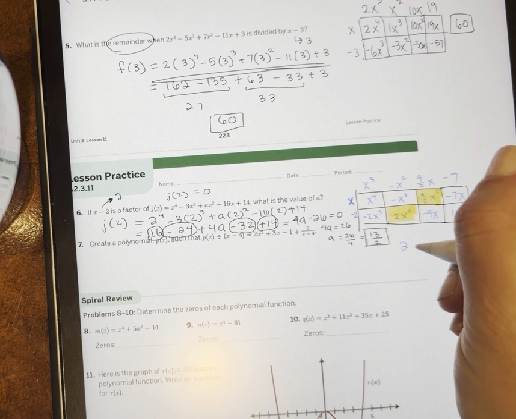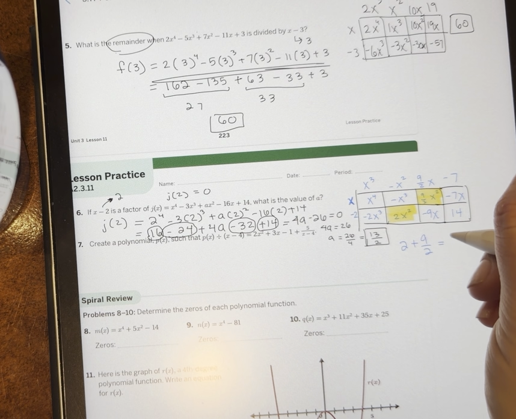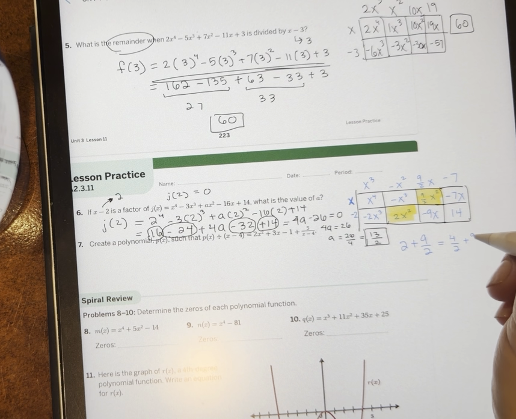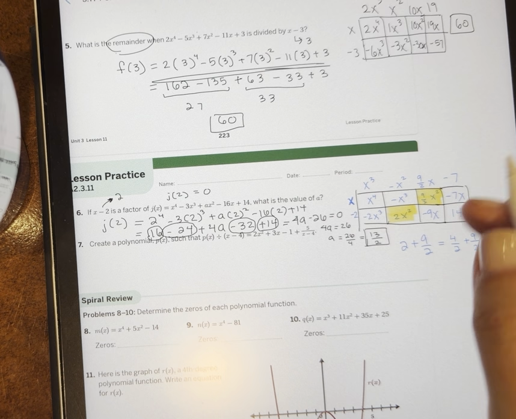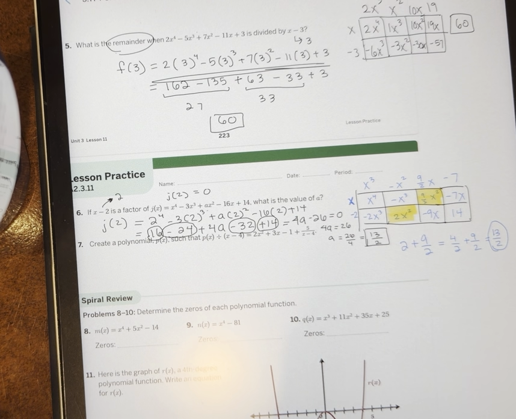So 2 plus 9/2 must add, so that's 4/2 plus 9/2, getting a common denominator, is 13/2. This should be the coefficient of x squared, which means this should be a. So it works out both ways. Whichever way you do it, it works out.